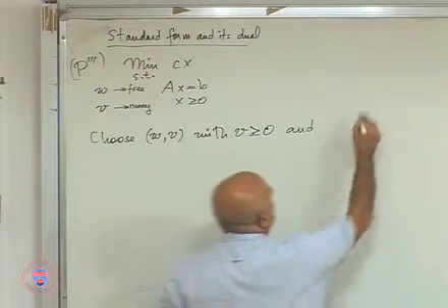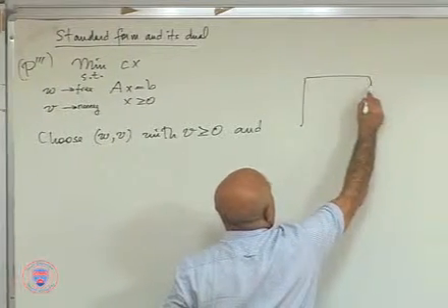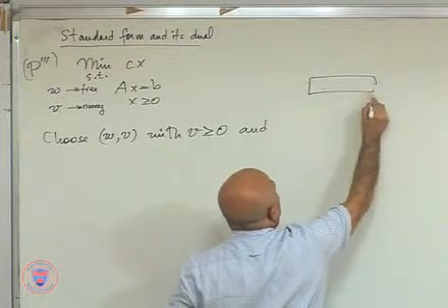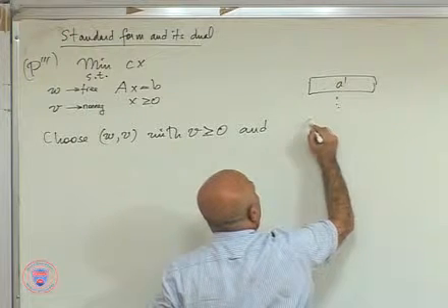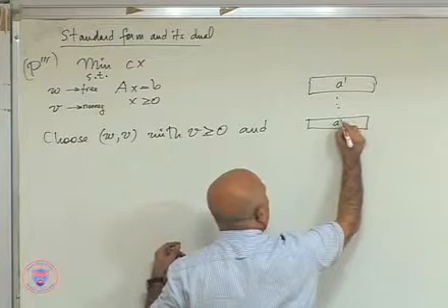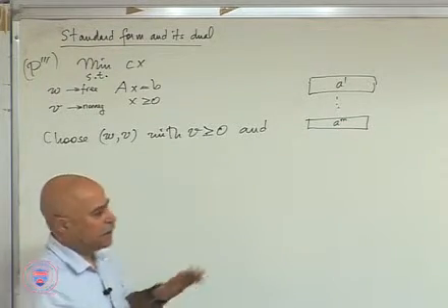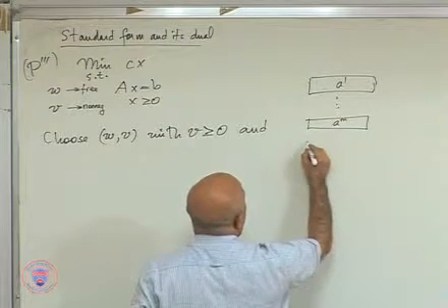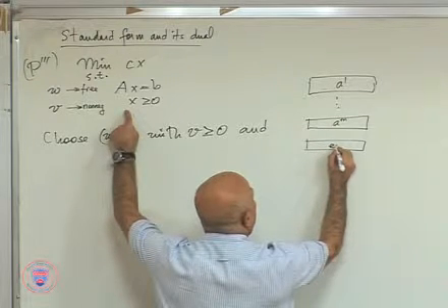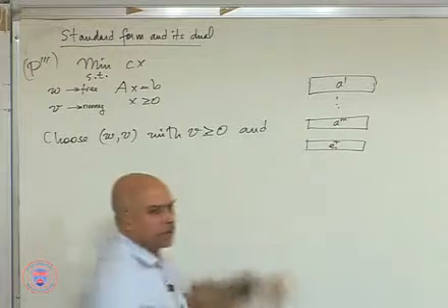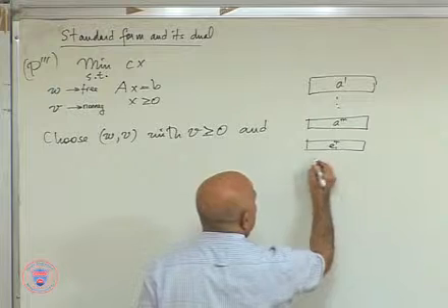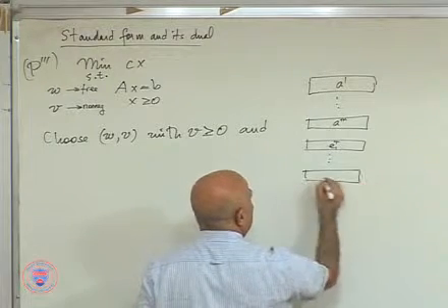So here we've got the A matrix with many rows. Let me just do it this way: A1 up to AM. Let's assume in the standard form we have M such constraints. Then you have the unit vectors, E1 as a row vector. My unit vectors are typically column vectors, so I just make it a row vector, up to the last one, En.